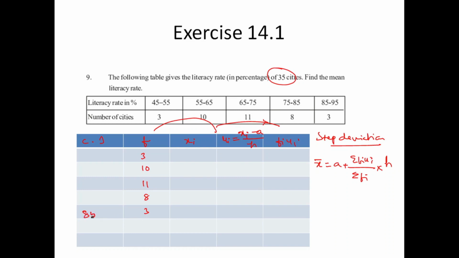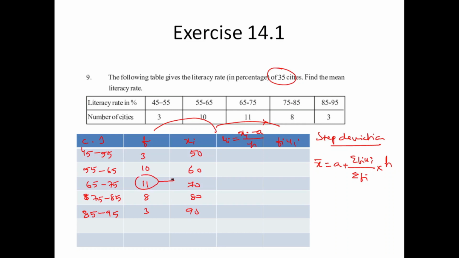The class intervals go up to 85 to 95, then 75 to 85, next 65 to 75, 55 to 65, 45 to 55. Now the middle values of these are 50, 60, 70, 80, and 90.